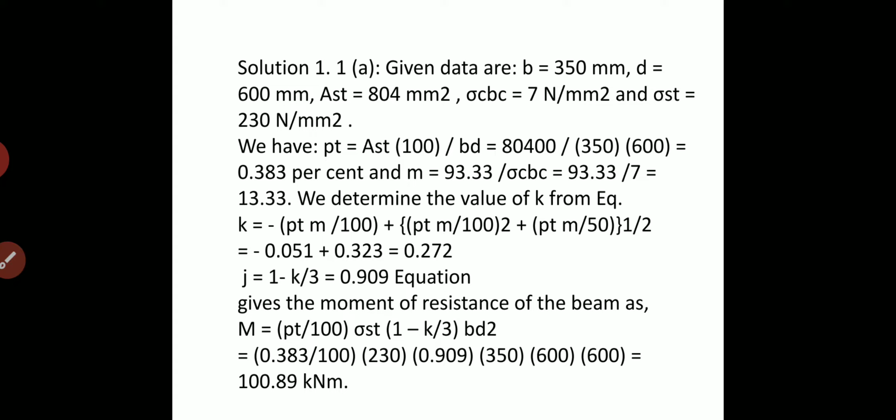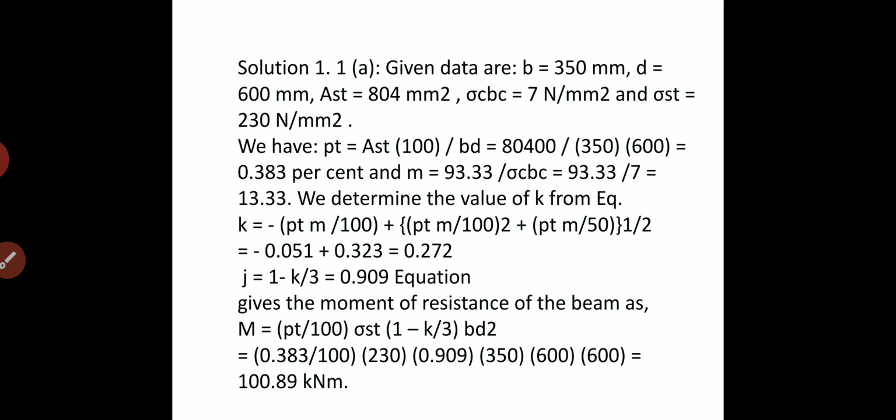Equation gives the moment of resistance of the beam. The moment of resistance formula: M equal to PT by 100 into sigma ST into 1 minus K by 3 into BD square.